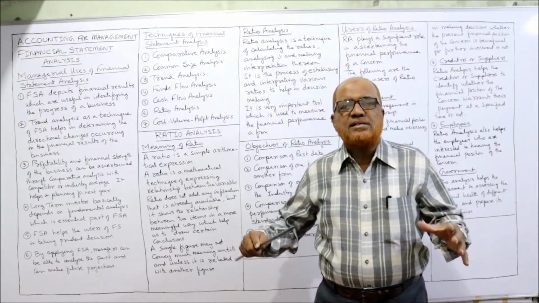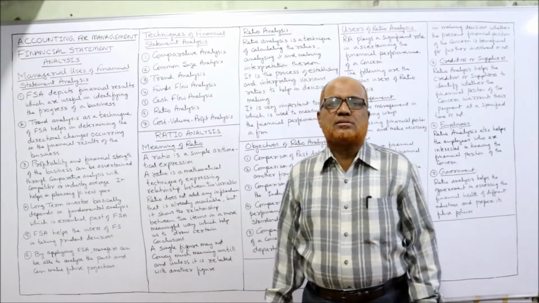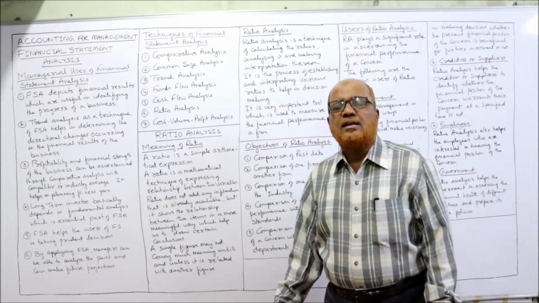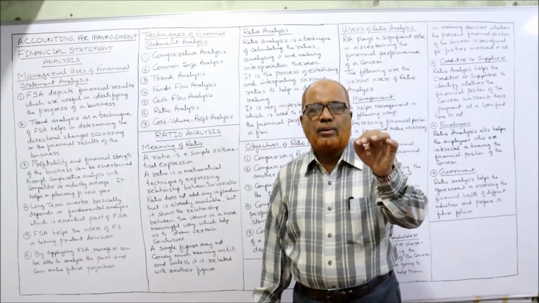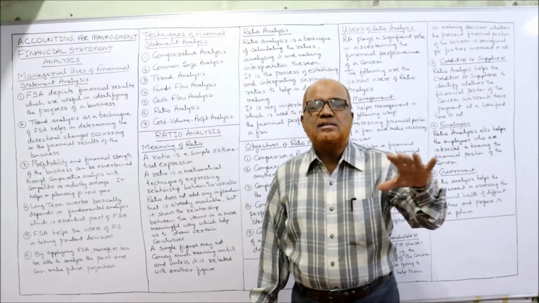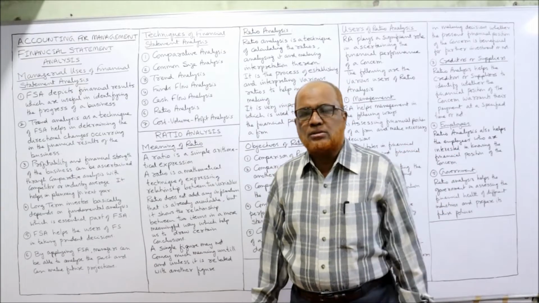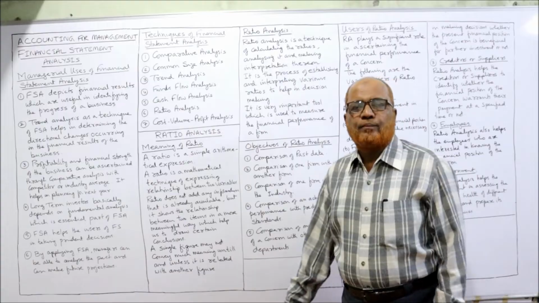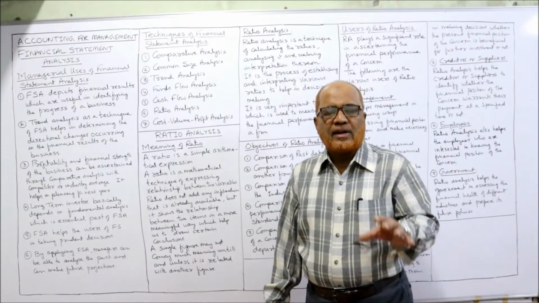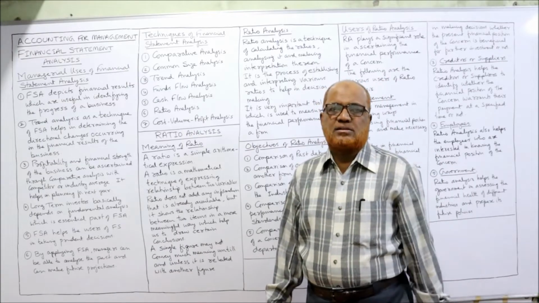By analyzing the past, we can make future projections. So this financial statement analysis will be very helpful to the managers in analyzing the past in order to make future projections. So these are a few uses of financial statement analysis by the managers.